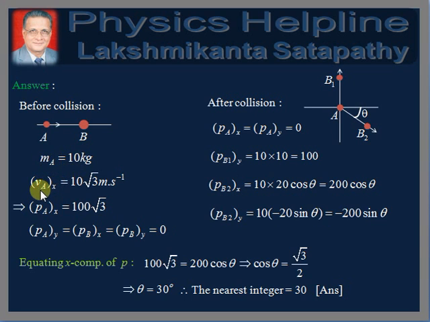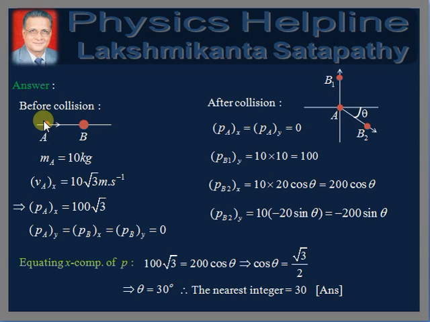Therefore, we write mA is equal to 10 kg and vAx is equal to 10 root 3 meter per second. X is written because it is moving in the x direction. Therefore, linear momentum of A along x-axis will be equal to 10 kg into 10 root 3 meter per second, which will give us 100 root 3 kg meter per second.